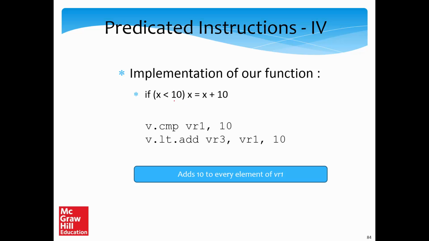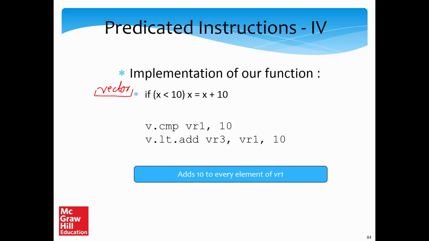So in our case, the implementation of our function actually becomes very easy. Given a vector, we want to implement this function for every element of the vector: if x is less than 10, we set x equal to x plus 10.